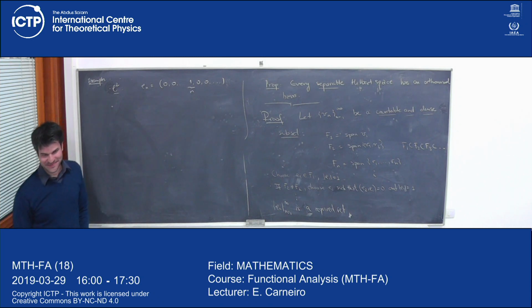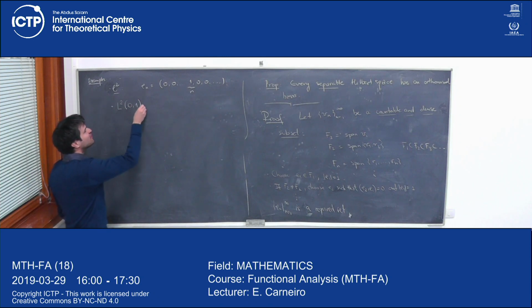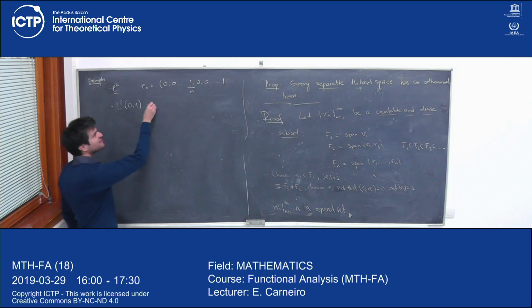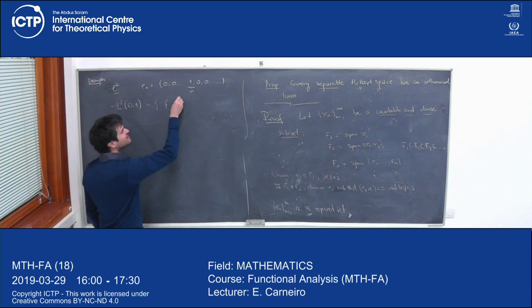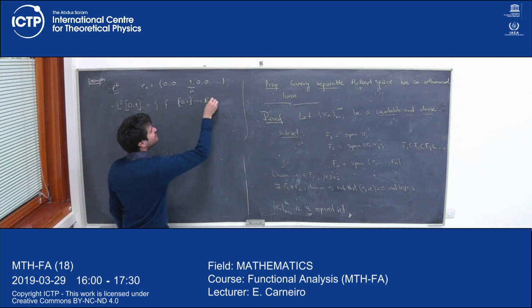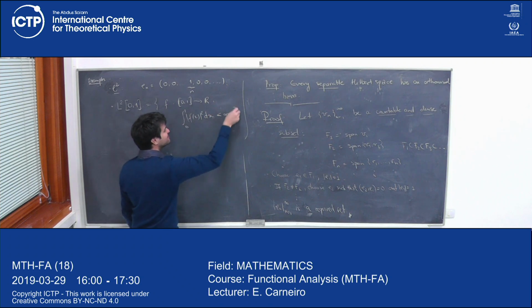Give me another example. How about this one? L2 of the interval 0, 1. Right, so these are the functions f from 0, 1 (you can put closed if you want, doesn't matter) to R with the integral of f of x squared dx from 0 to 1 finite.